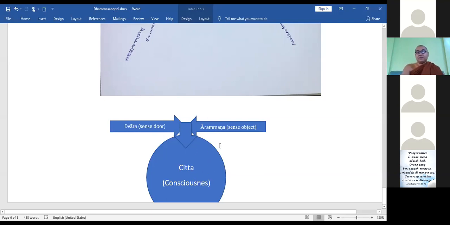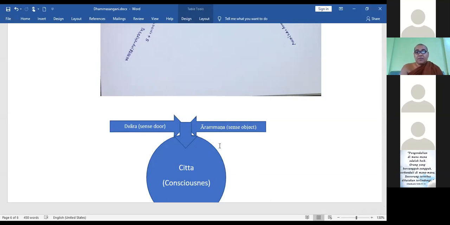Even if there is contact between sense objects and sense door, if we fail to pay attention, then no consciousness will arise, because we don't pay any attention to them.